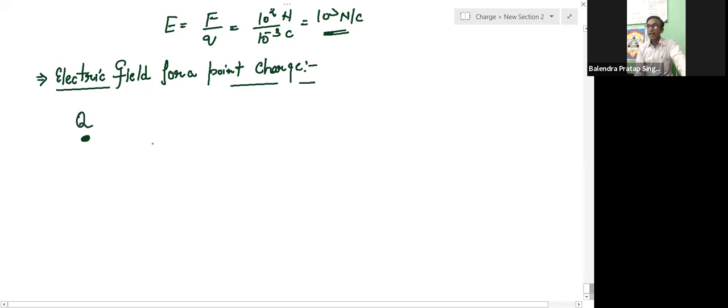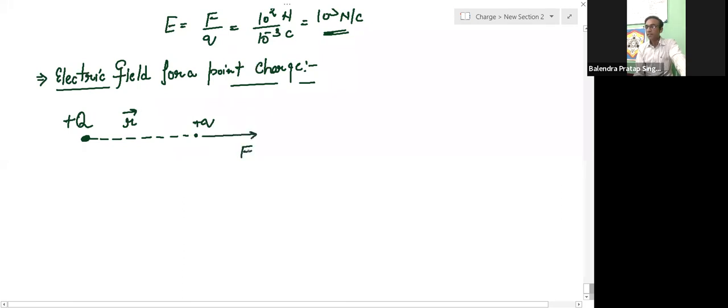Okay, and at r distance I am putting a test charge. This is our test charge q. Okay, and the displacement vector is vector r between these two quantities. And this is a positive Q charge, and the test charge is also positive. Then this will experience a force in this direction.